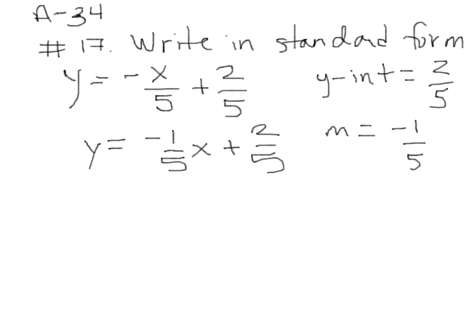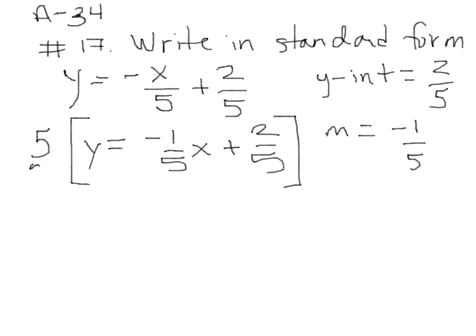So that would be a little bit hard to graph because sometimes it's hard to find the 2/5 on a graph. So let's go ahead and change this so we get rid of all our fractions. I'm going to take this entire equation and multiply the whole thing by 5.